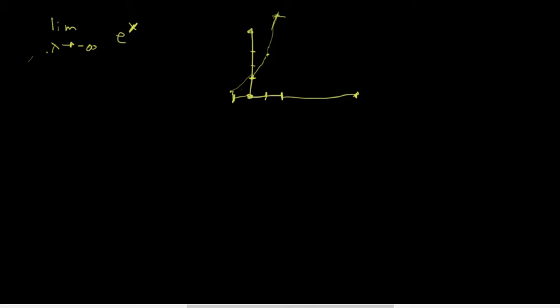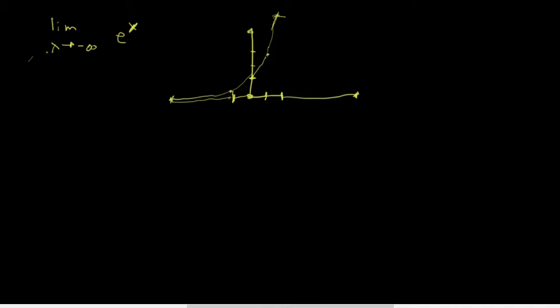If we take e to the negative 2, it's going to be 1 divided by e squared, so you're going to get an even smaller fraction. And if you took e to the negative 10,000, you get 1 over e to the 10,000, which is 1 over a massive number, and 1 over a massive number is a positive number really close to 0.